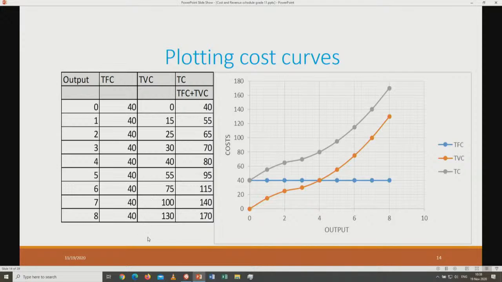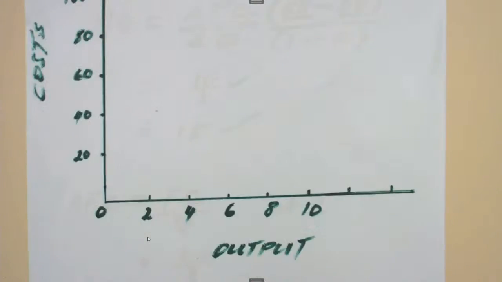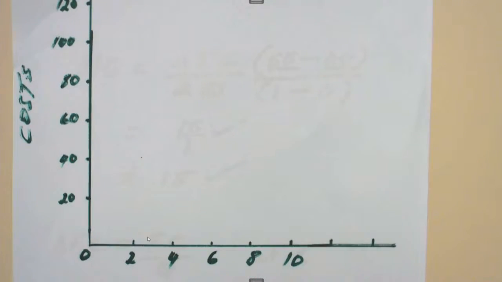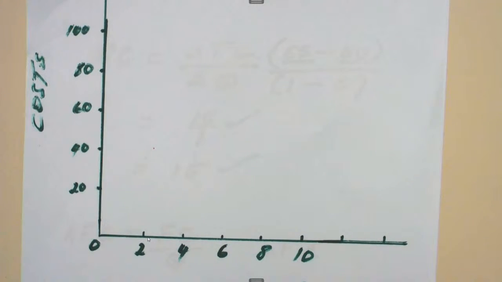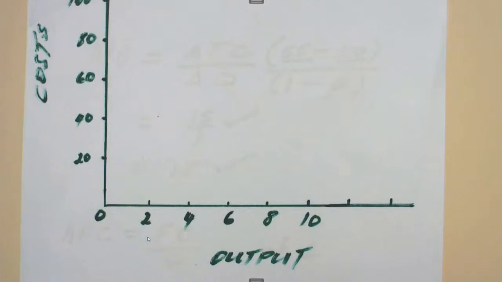Now, I just want to help you with how to do the plotting. If you do not know how to plot the graphs, then I definitely want to show you how to plot the graphs. Right. Now let's look at this then. In your graph, you need to label your x's.